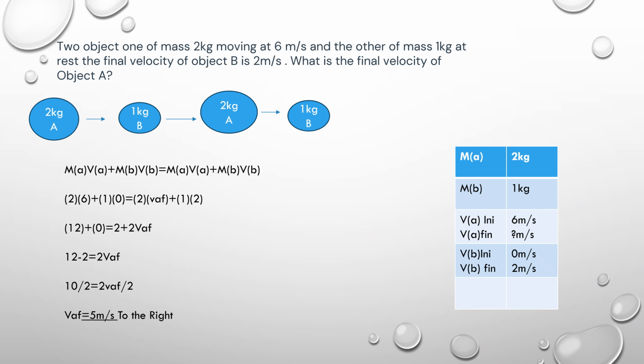So we're going to have 12 minus 2 is equal to 2 VAF. So we're going to have 10 this side and 2 VAF, then divide by 2 on both sides. So we're going to have VAF is equal to 5 meters per second to the right. Still it is going to the right because it has a positive answer.